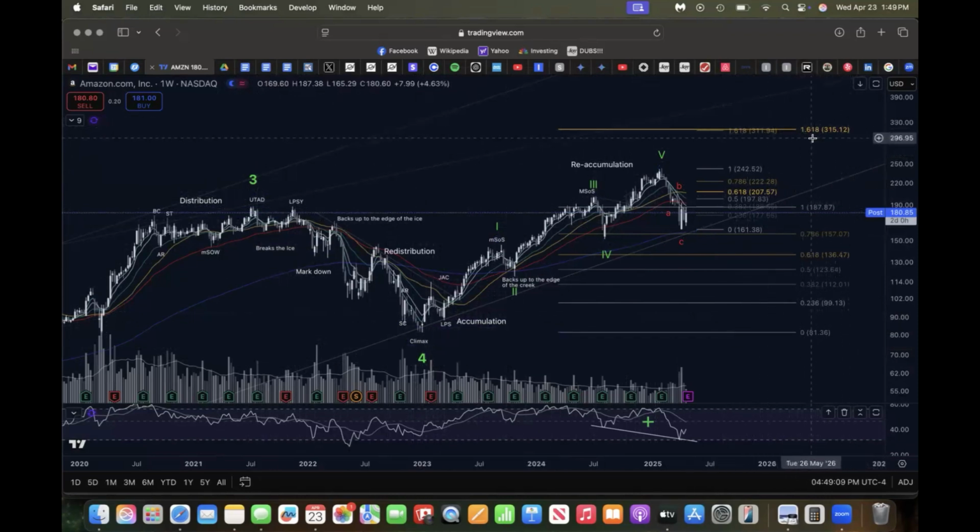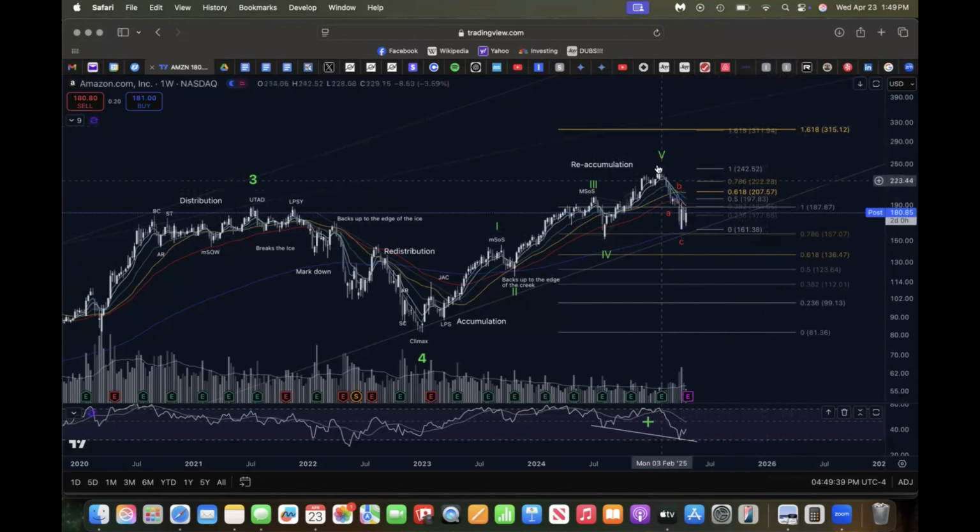So this would be our next level where we'll be looking for any sort of significant pullback. We think it more than likely will be flat, because we've seen so many really sharp pullbacks up to this point. We could see a rally heading up into this area, and then more of a flatter consolidation period at the 1.618s, where the next round of profits will most likely be taken.